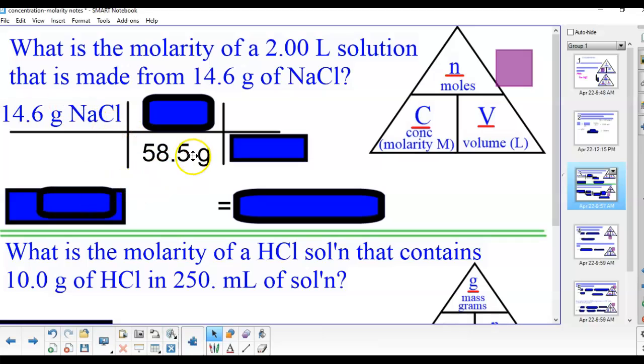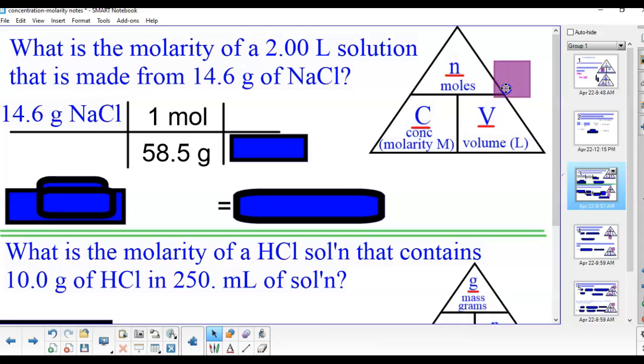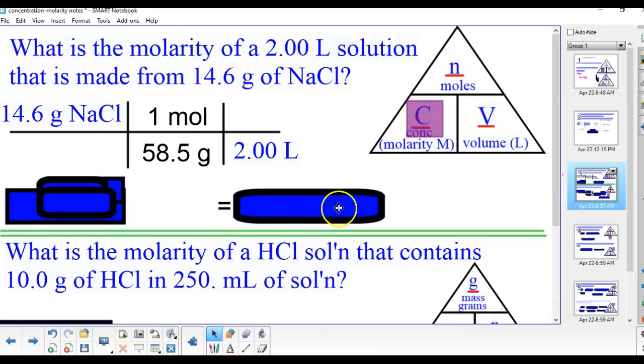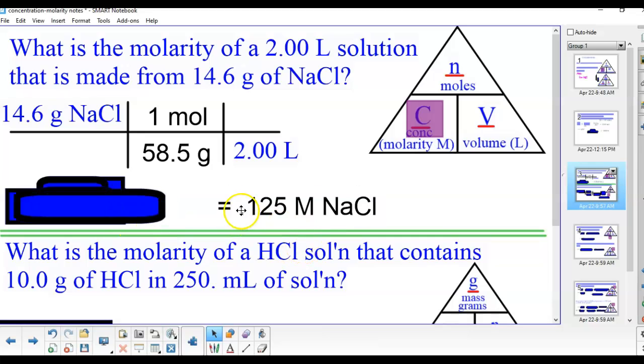So we're going to divide by the molar mass, 58.5 grams for every 1 mole of NaCl. I got that off the periodic table. The next step then, we want to find concentration. So we take moles, which we just calculated, because that's the unit we have left, divided by our volume, in this case 2 liters. And when you do that, you get 0.125 molar sodium chloride.